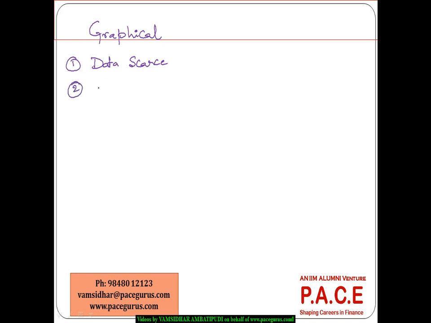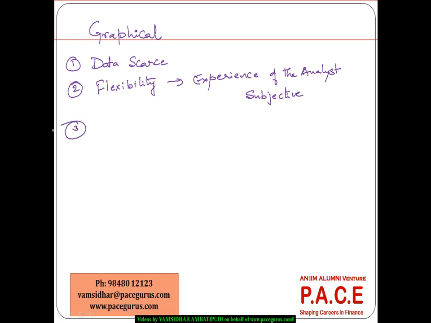The more beneficial aspect here is the flexibility as well as the experience of the analyst. The physical experience of the analyst is taken into consideration. It is more and more subjective. The analyst can understand the specific mortality behavior at one or two ages, and based on that, he or she could either increase the slope of the curve or decrease the slope of the curve.